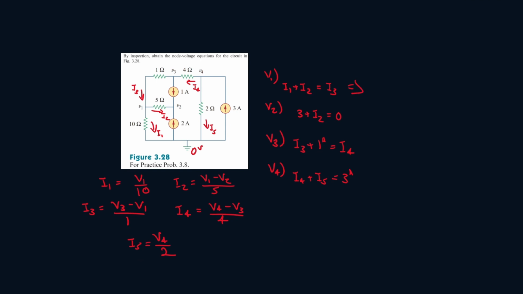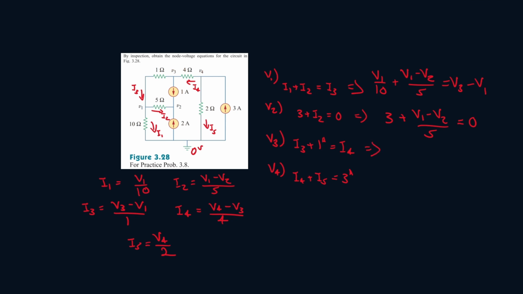So I1, so V1 over 10 plus I2, so V1 minus V2 over 5 equals I3, so V3 minus V1. Now next, it's 3 plus I2, so plus V1 minus V2 over 5 equals 0.